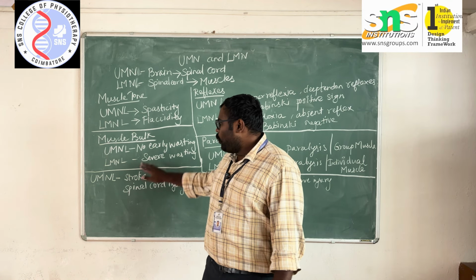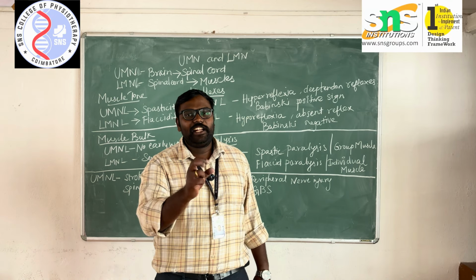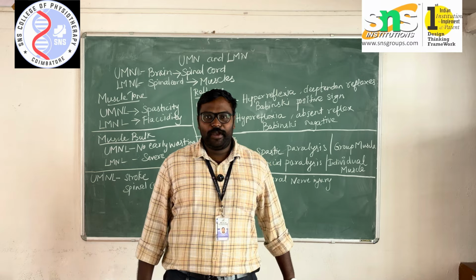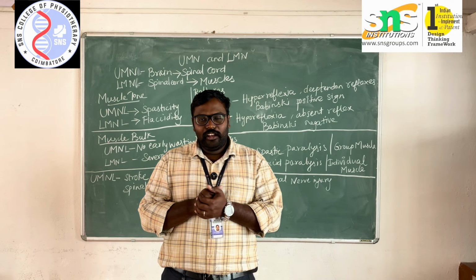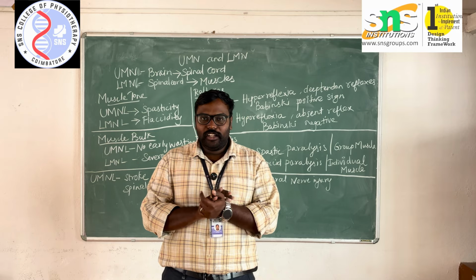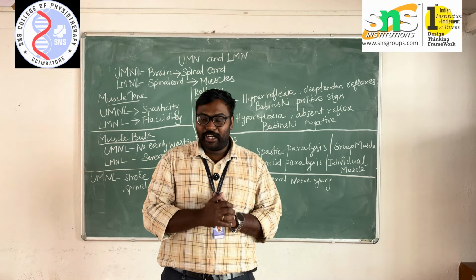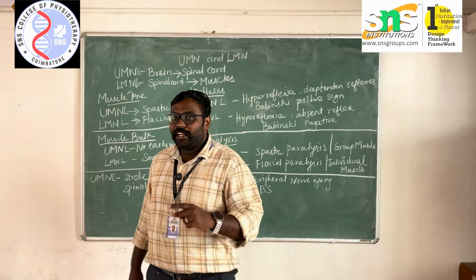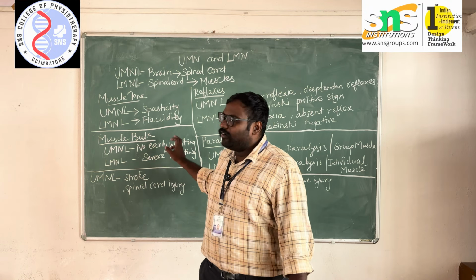In UMN, no early wasting. It will go for wasting, but in the initial stages the wasting will be very less. If it goes to the chronic stage and the prognosis is not good, the wasting will develop and become severe. But in the initial stages, UMN lesion has no early wasting.